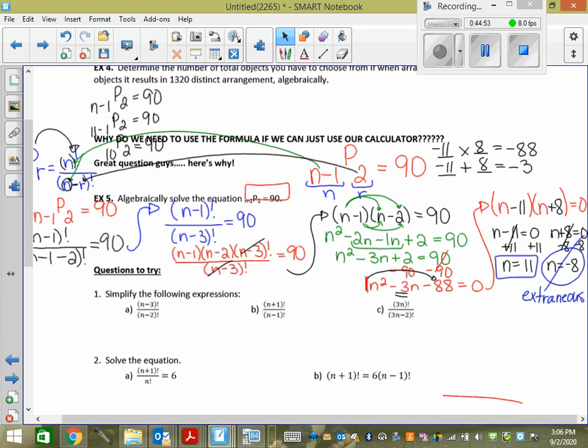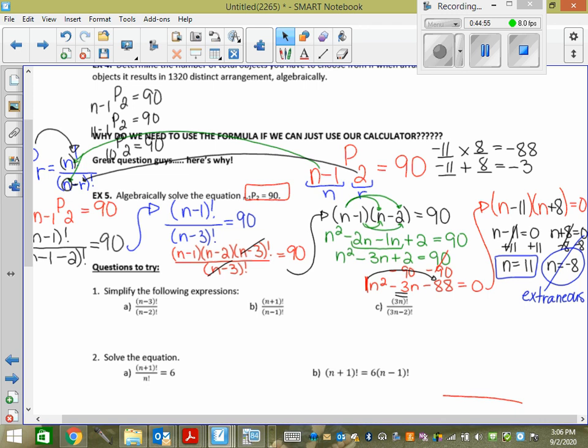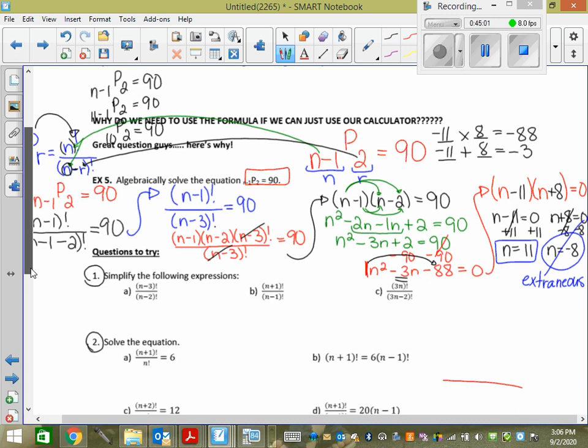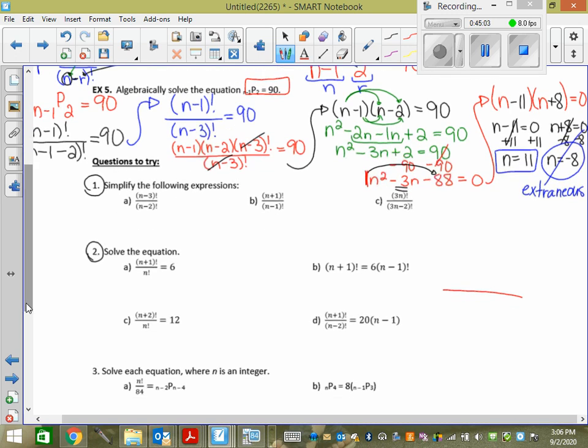So your homework is going to be numbers 1, number 2. Can you look at B for a second? We have always done everything where we had factorial over factorial equals something, correct? If we look at B currently, is B factorial over factorial equals something?